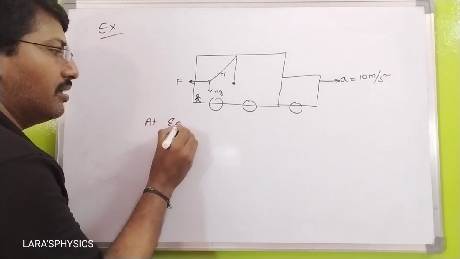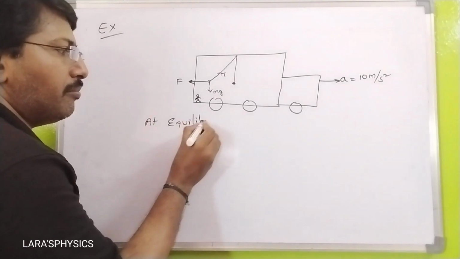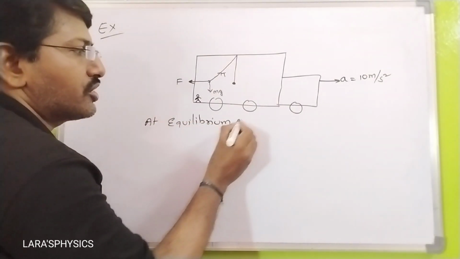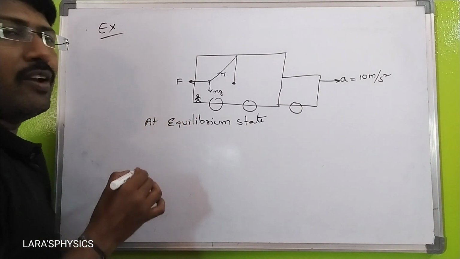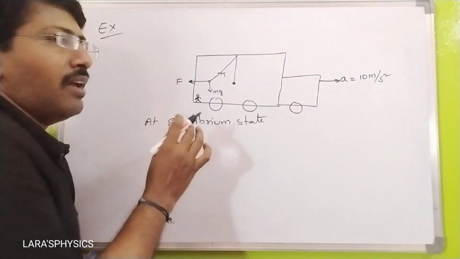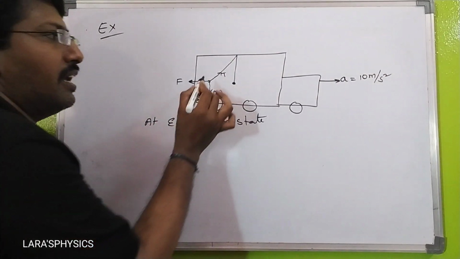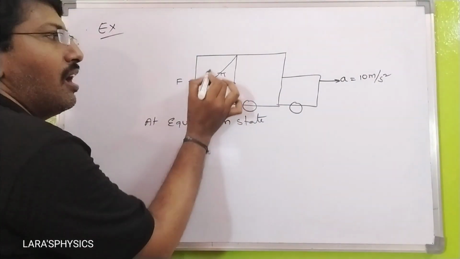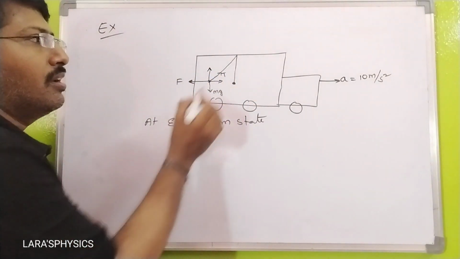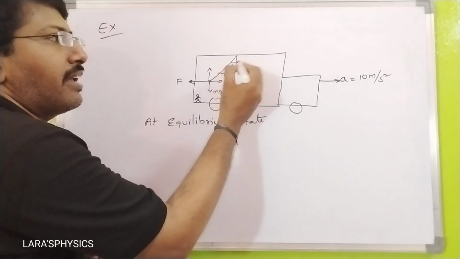At equilibrium state, I resolve the tension into two components, one along the x-axis and another along the y-axis. Now this pendulum makes an angle theta.